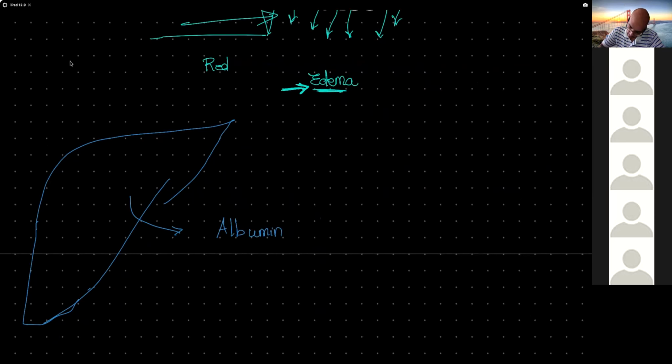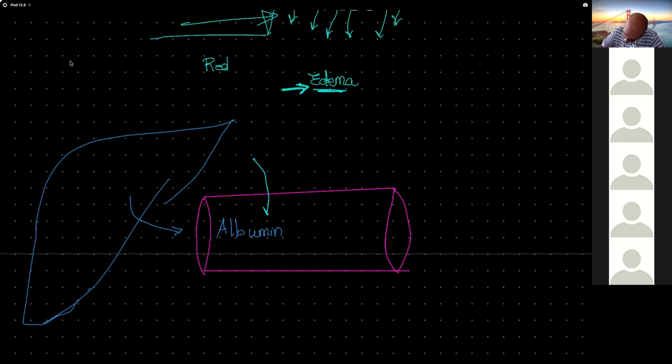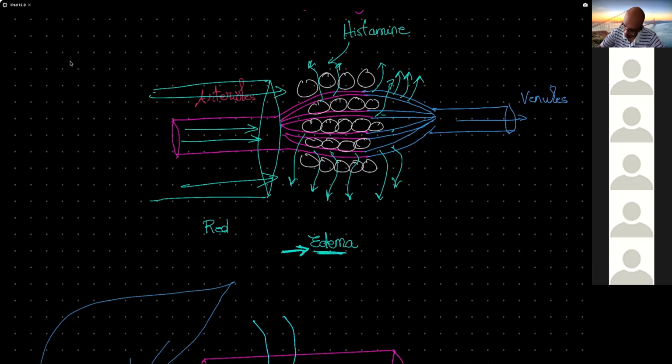So the albumin has an osmotic effect. What again is meant by osmosis? It's my ability to pull the fluid in. I am pulling the water. So the albumin is going to be pulling the water from the tissues back to the blood vessels. And this is what I need at this point.